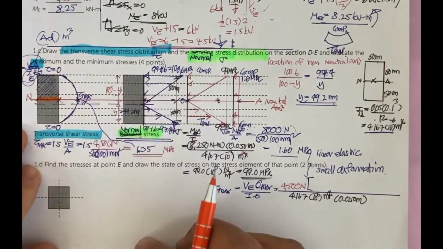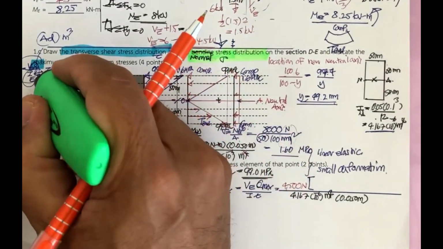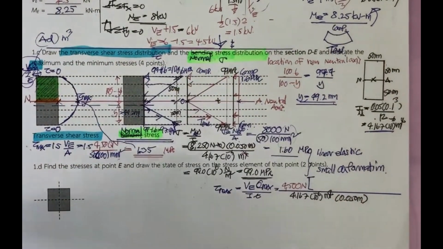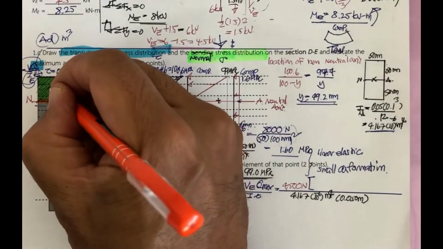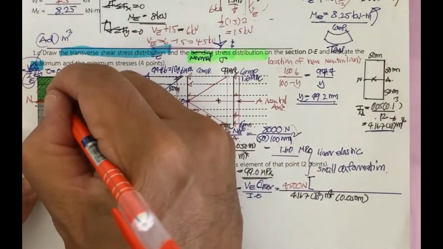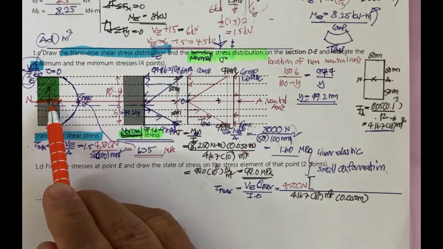Now the problem is to determine the Q again. The Q is the area. Let's put this area here. Then the area is going to take the moment from the centroid of this area to the neutral axis of the section.